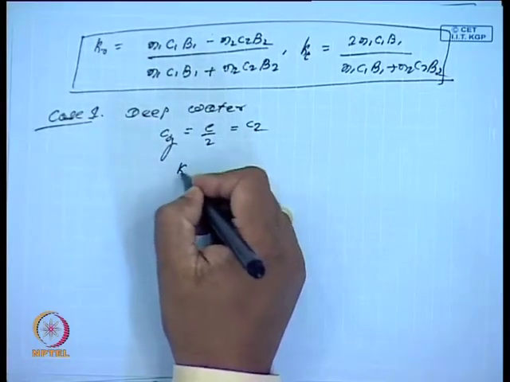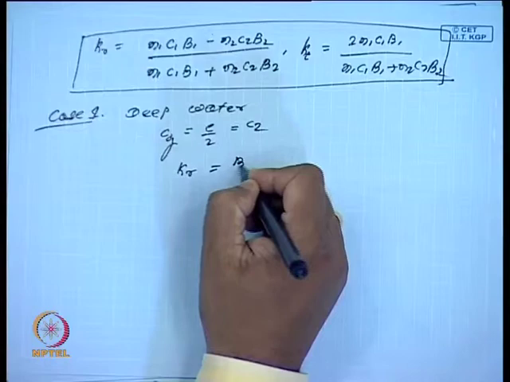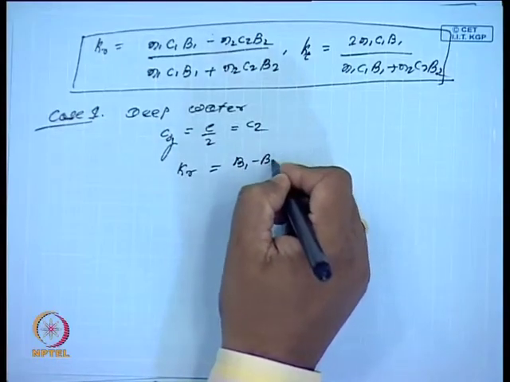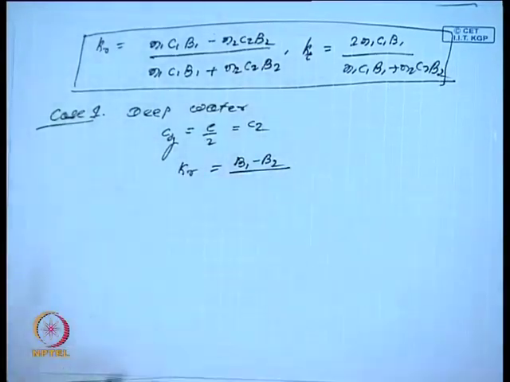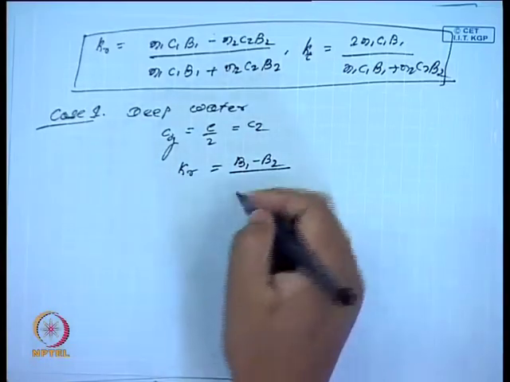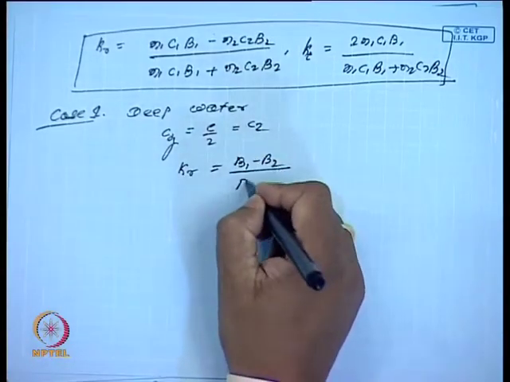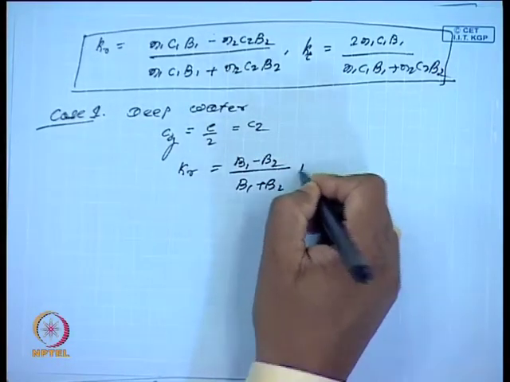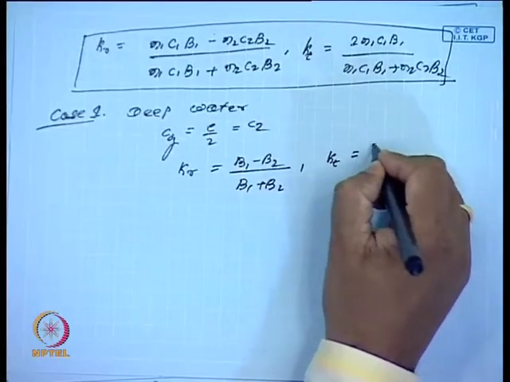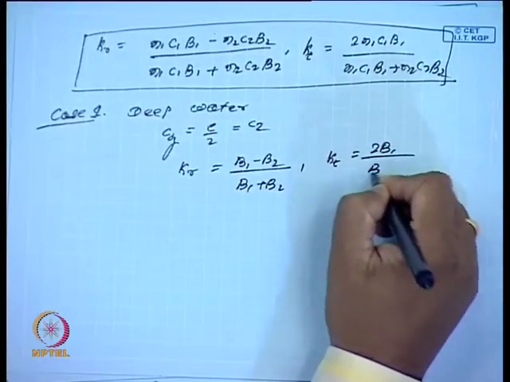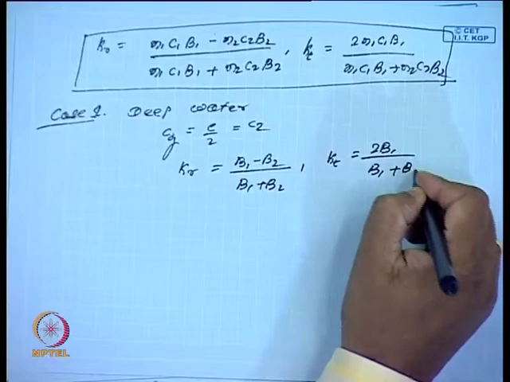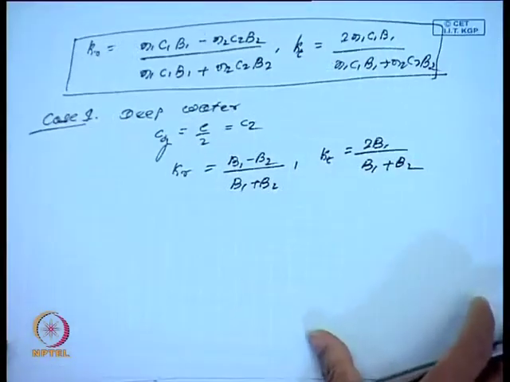This will give me Kr as (B1 minus B2) by (B1 plus B2), and Kt will be 2 B1 by (B1 plus B2). This is simple, and that is the way.